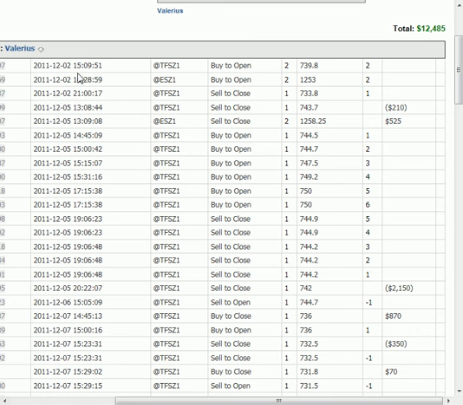As you can see right here, started tracking this on December 2nd. The month-to-date return for this portfolio is called Valerius, $12,485. And if you're interested in trading this, these are the actual live trades. I believe hypothetical fills, but slippage can be negligible.